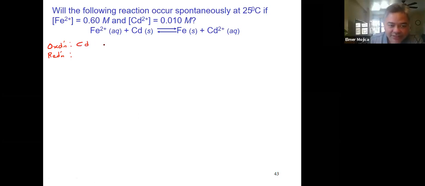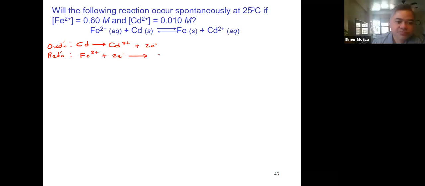Again, the LEO and GER should be the one to help you. From 0, it becomes positive 2. So that means you lose 2 electrons. And the one that is reduced is Fe2 plus 2 electrons, giving you Fe.